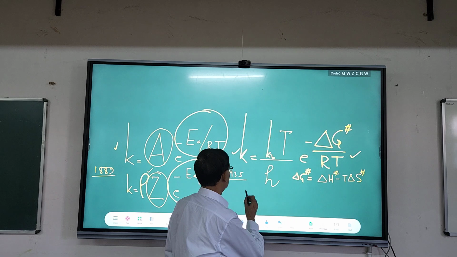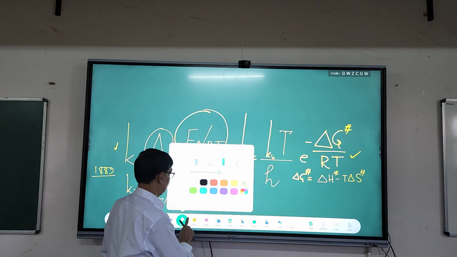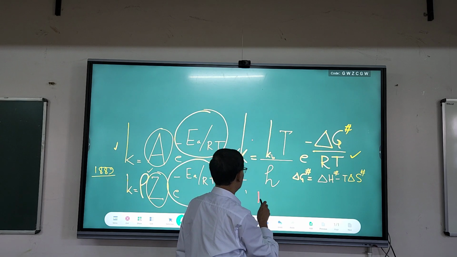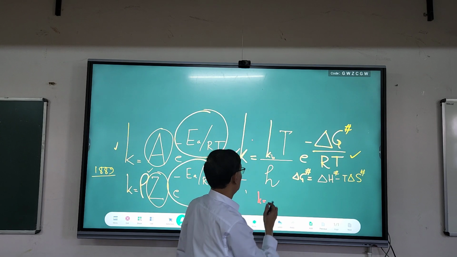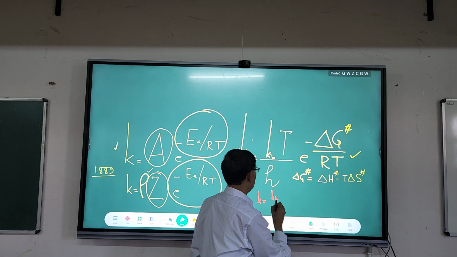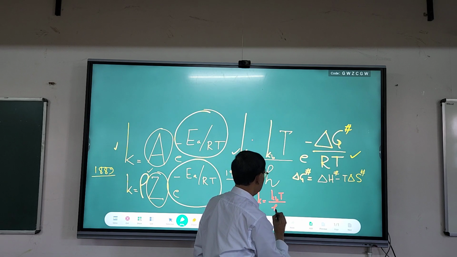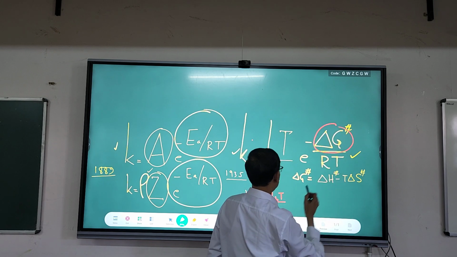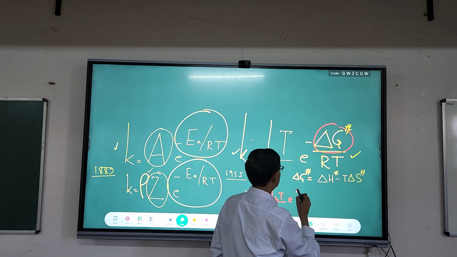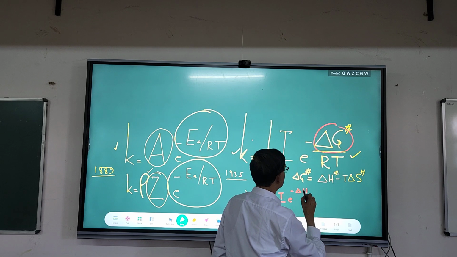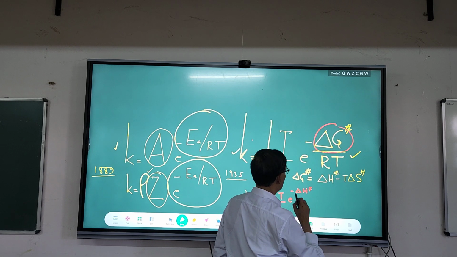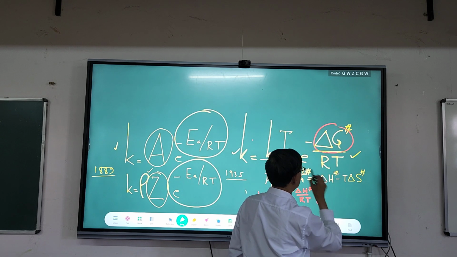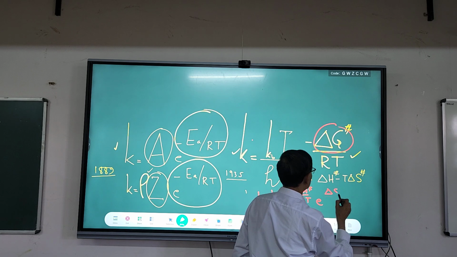So I can use the red color so that you will find K is equal to k_B T by h, and if in place of delta G you write this, then exponential minus delta H by RT, exponential, because this is minus, so delta.